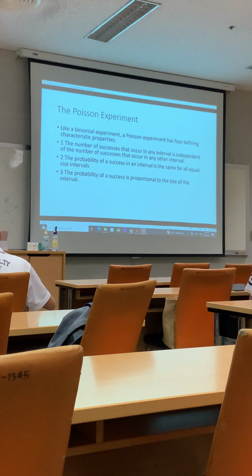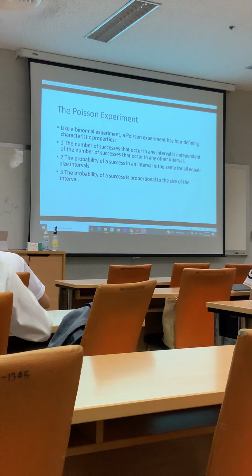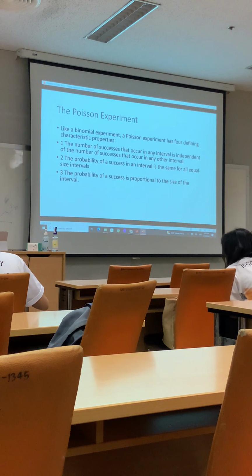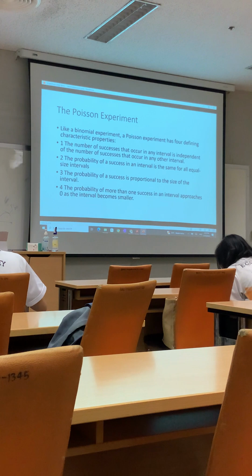So the probability has to be increased 3 times as well, because we have 3 months instead of 1 month. So the probability of having an accident within 3 months will be 3 times that in 1 month. The probability of success has to be proportional to the size of the interval.